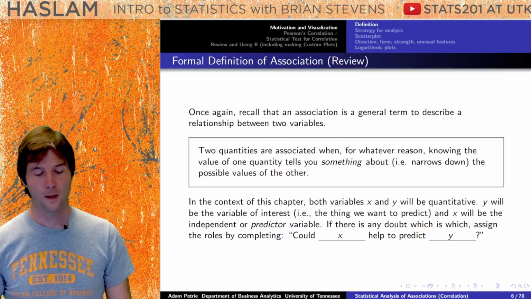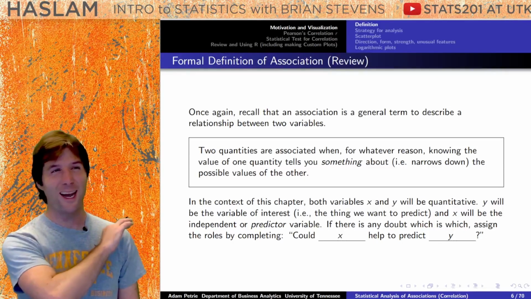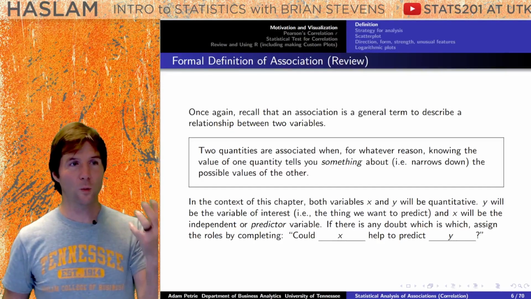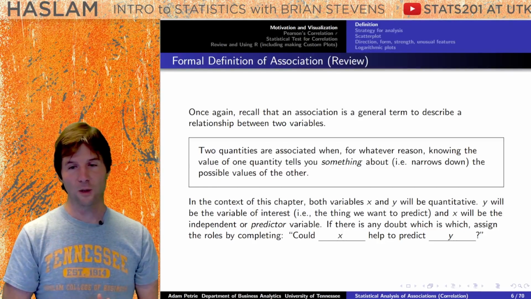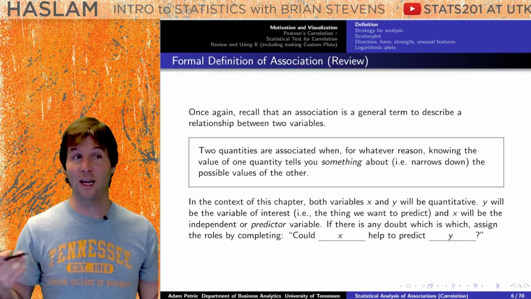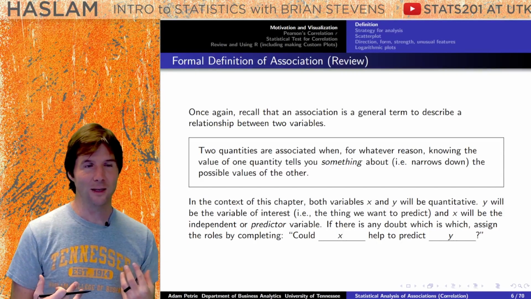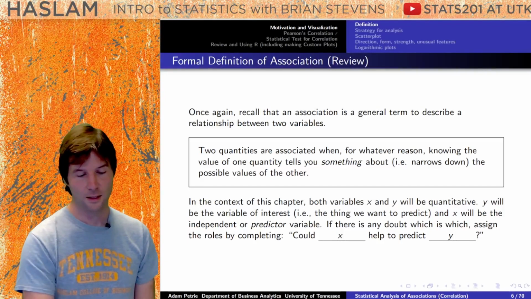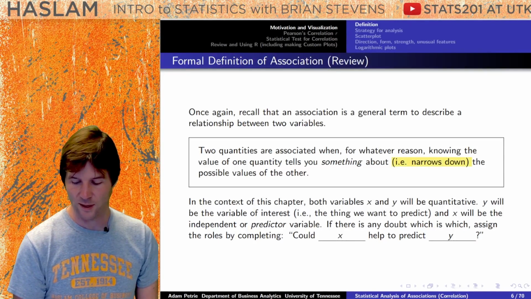Now remember, two quantities are associated if, for whatever reason, knowing one quantity would give you information about another quantity. So let's say you were to know somebody's height. Like I'm 6'3", so would you have a guess of my weight? Now you might not know it exactly, but knowing I'm 6'3" would narrow down the possible values.